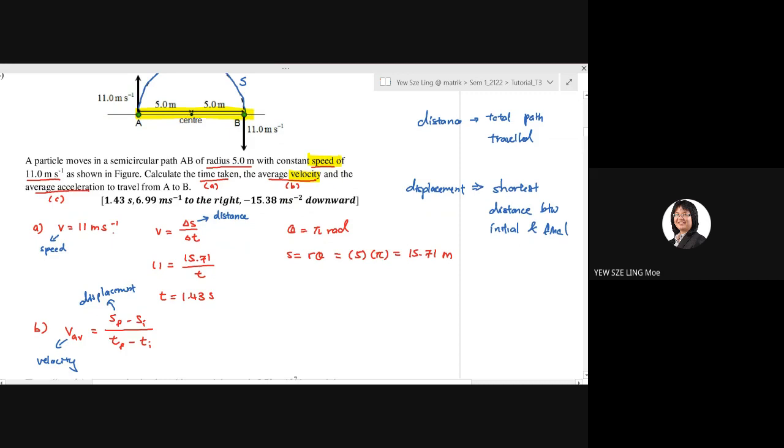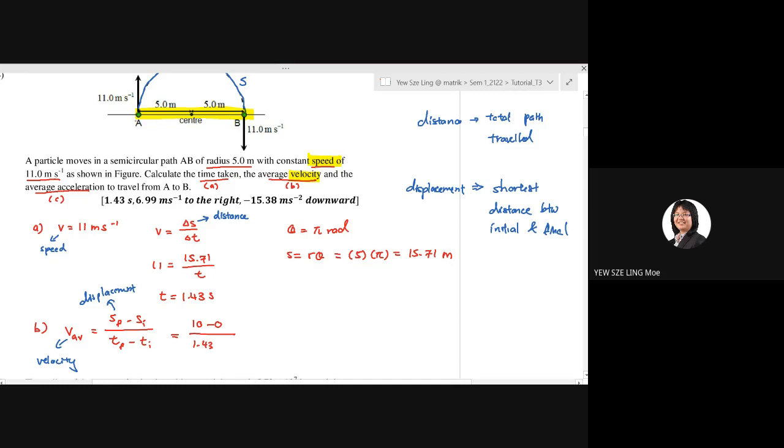In order to calculate average velocity, we use S final equals 10 meters, because the shortest distance between A and B is 10 meters. It's a straight line. So 10 minus 0 over the time. Time is still 1.43. It doesn't matter whether you're looking at distance or displacement.